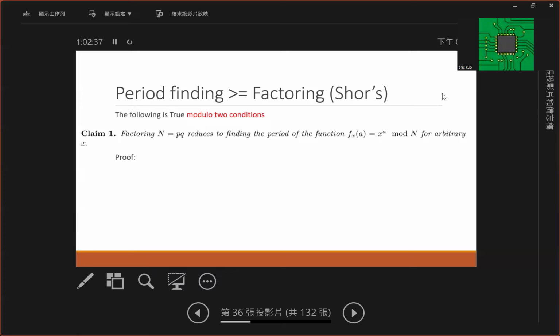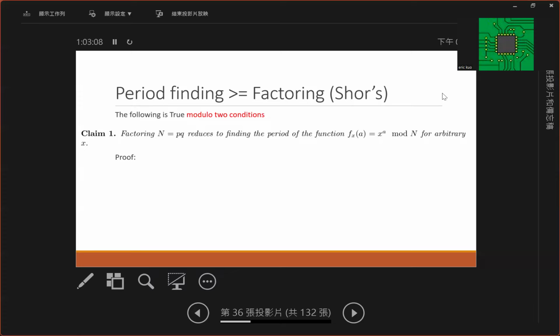Because now P falls into this, and then P and Q fall into this, but Q does not belong to this, so you get P. In this case, you get Q, and in the other case, you get P. So if P falls into this and Q does not, and you just compute the GCD of this and this, you get P.